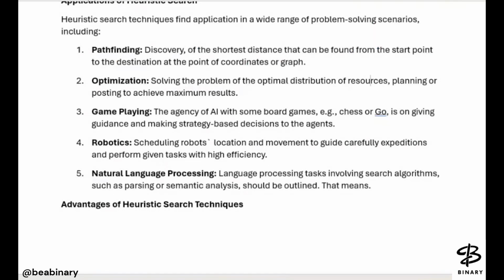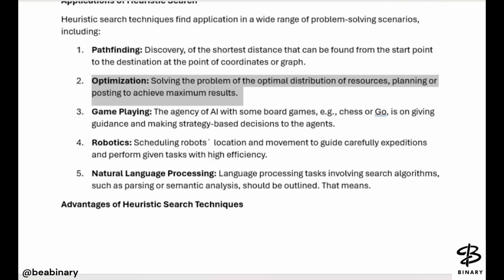Then optimization: solving the problem of optimal distribution of resources, planning or posting to achieve the maximum result. When we talk about big data, when we talk about AI working on different kinds of data, optimization is the best. Optimization needs to be followed here.